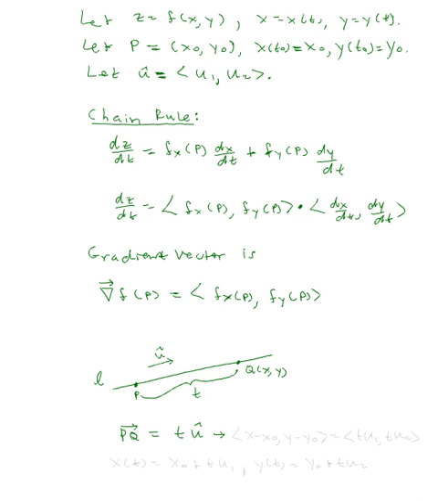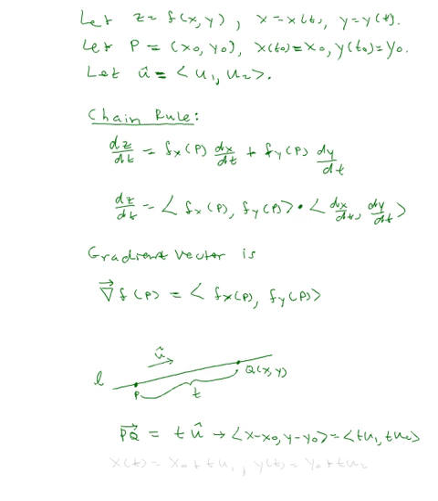But writing this equation in component form, the components of the displacement vector from P to Q are x minus x sub 0 and y minus y sub 0, and the components of t times u hat are tu1 and tu2.